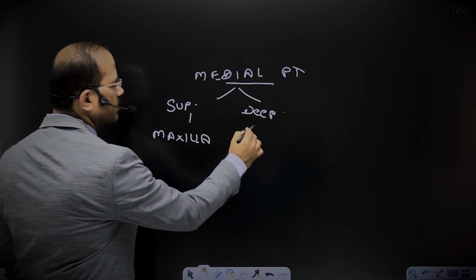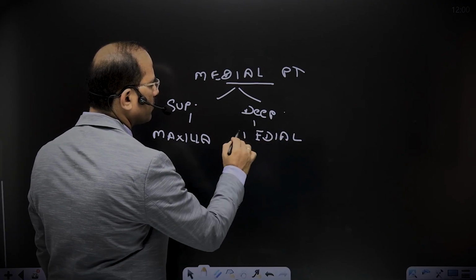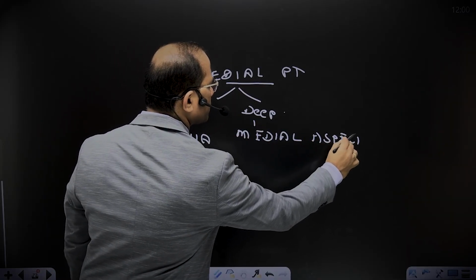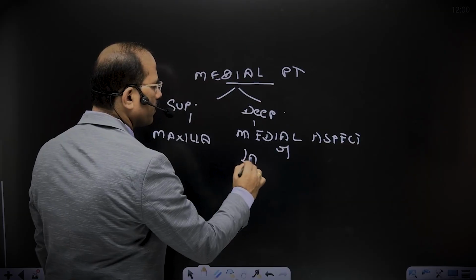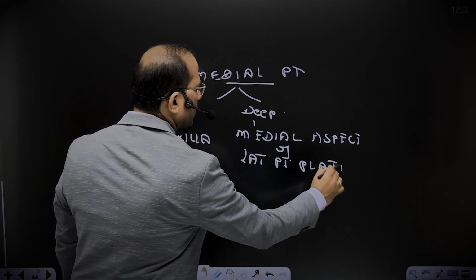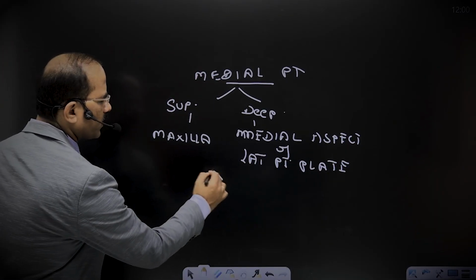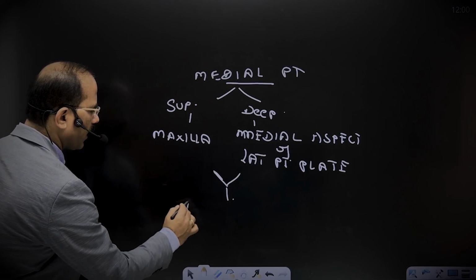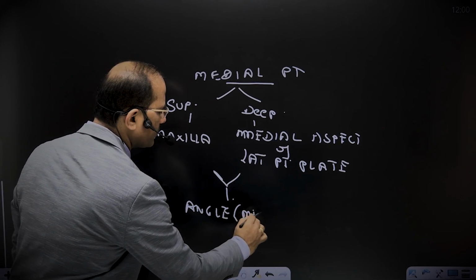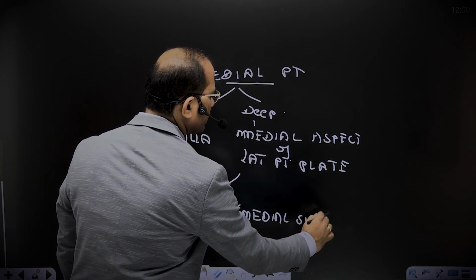The deep head arises from the medial aspect of the lateral pterygoid plate. Where are these two heads inserted? On the medial side of the angle of the mandible.